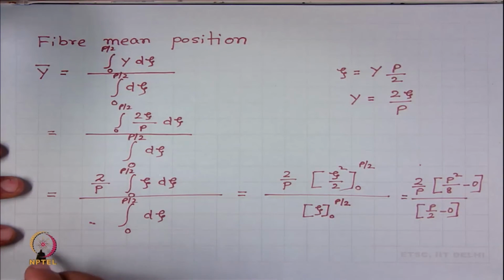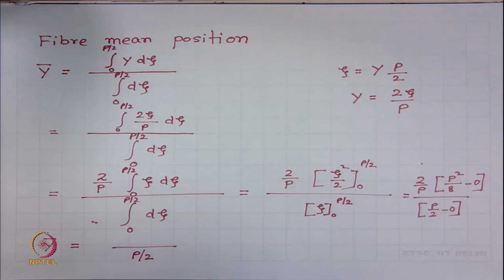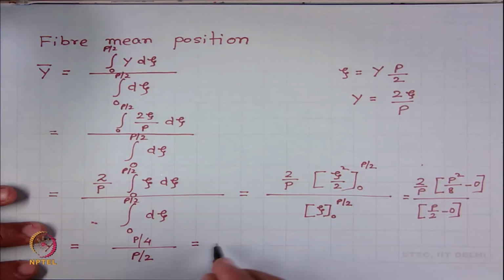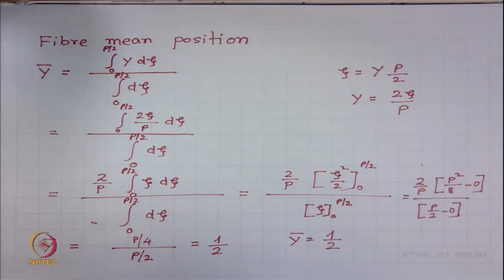So, y bar is, here it is p by 2 and there it is p by 4. So, half, y bar is equal to half. Mean fiber position is half.